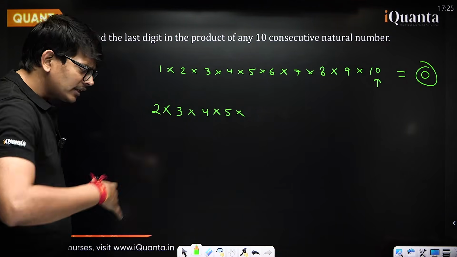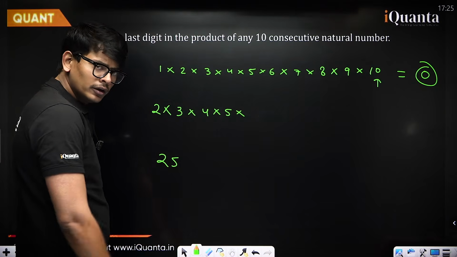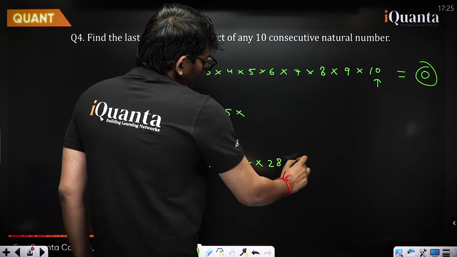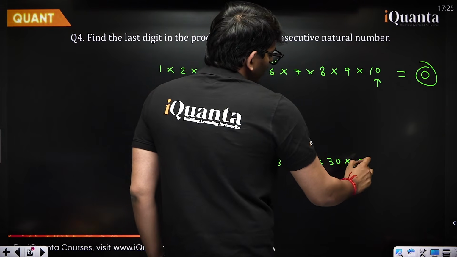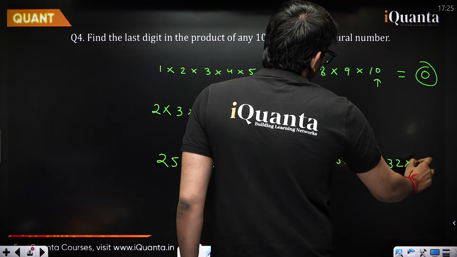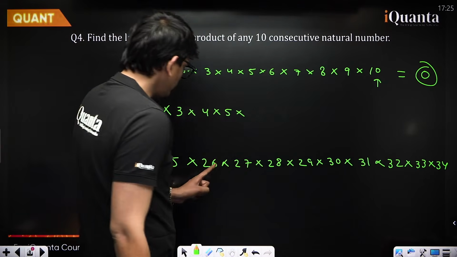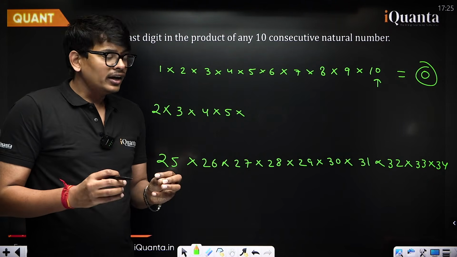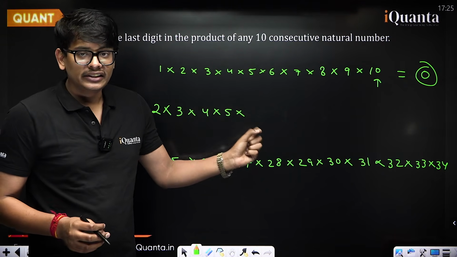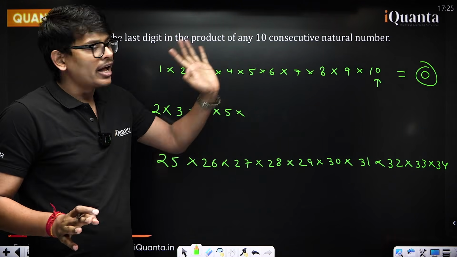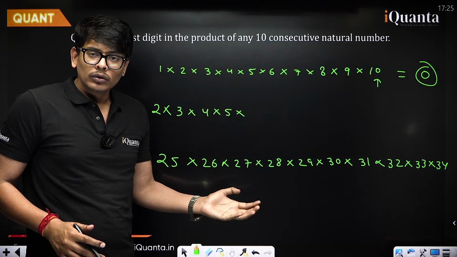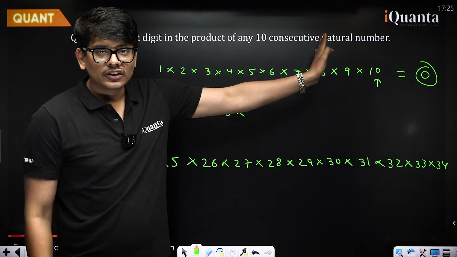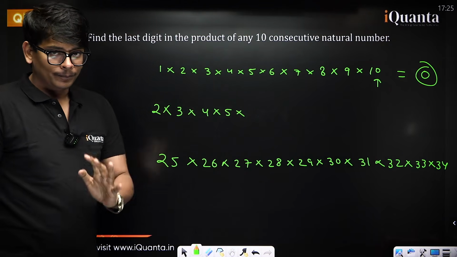If you start from, let's say, 25: 25 into 26 into 27 into 28, 29, 30, 31, 32, 33, 34. So you will always find a number that ends with 0 in any 10 consecutive natural numbers. So if a number ends with 0, all the product will always end with 0, right? So that's why the answer for this particular question will be 0.